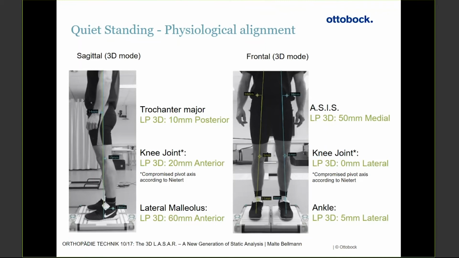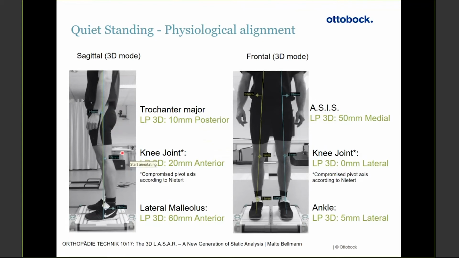And so these ground reaction forces are positioned in normal, quiet standing at particular points related to the joint. If we have a look at the greater trochanter, you'll see that the force lines, the ground reaction forces, are posterior to the joint. So that's creating an extension moment at the hip.